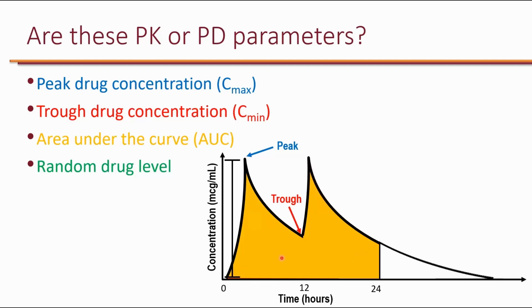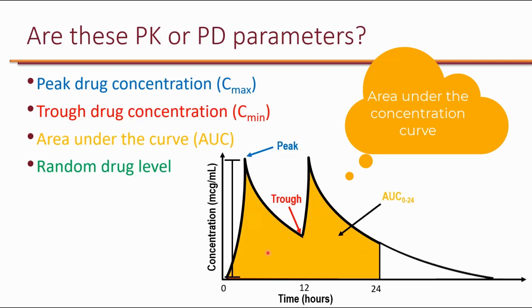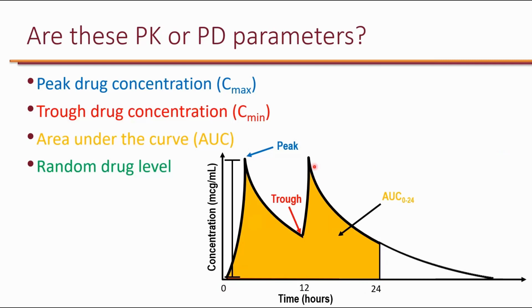There's also the concept of area under the curve, which is all the shaded area here, for a 24-hour period. So it doesn't matter how frequently you give the dose, the AUC is often from time 0 to 24 hours. So if this drug was given once a day, you would only have one of these over 24 hours. Also, if this drug was given every 8 hours, then you would have 3 of these peaks.